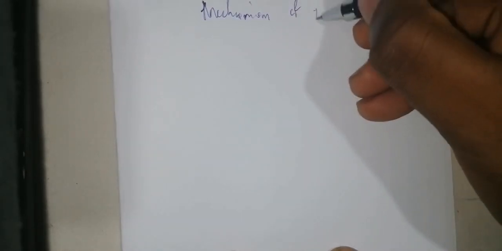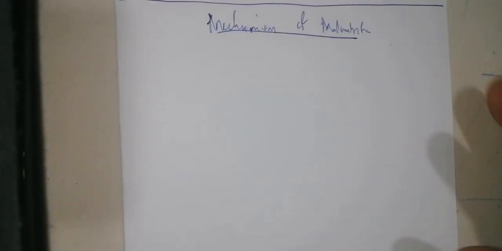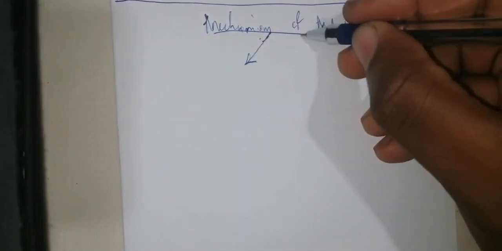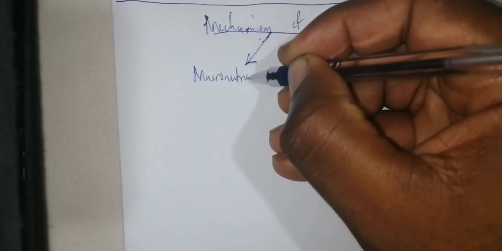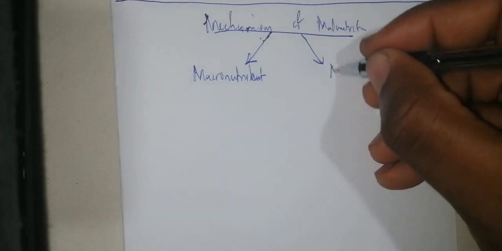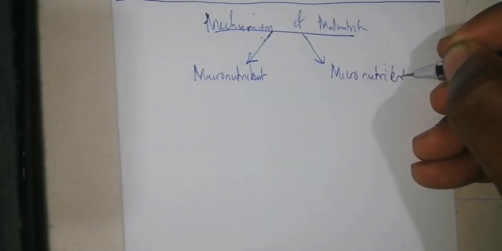Hello, in this tutorial we're going to visualize the peculiar mechanism of malnutrition. For the mechanism of malnutrition, we need to know that malnutrition is actually divided into two. We have macronutrient malnutrition and micronutrient malnutrition.